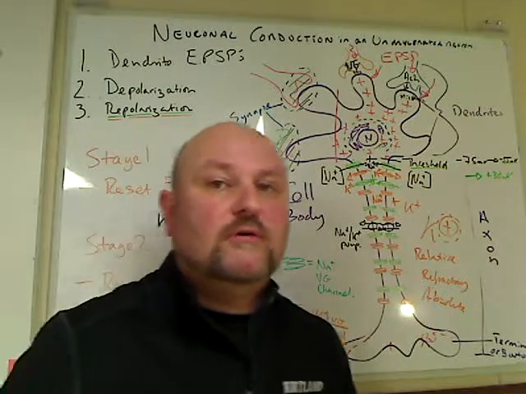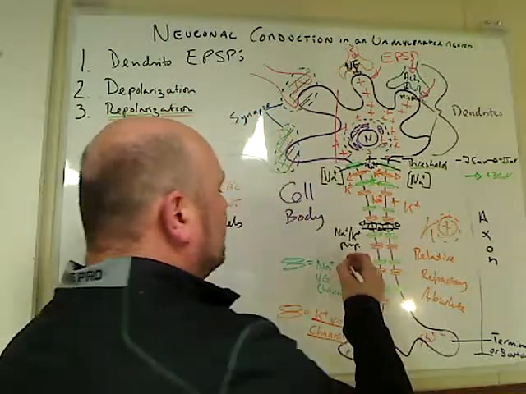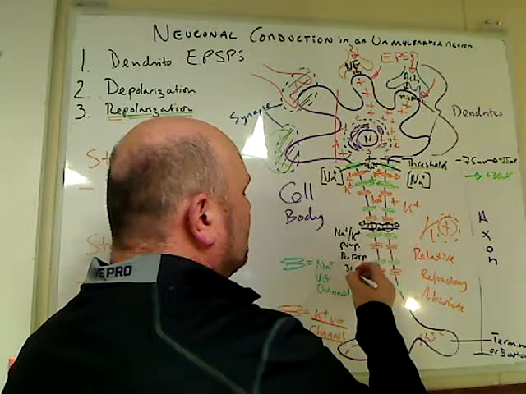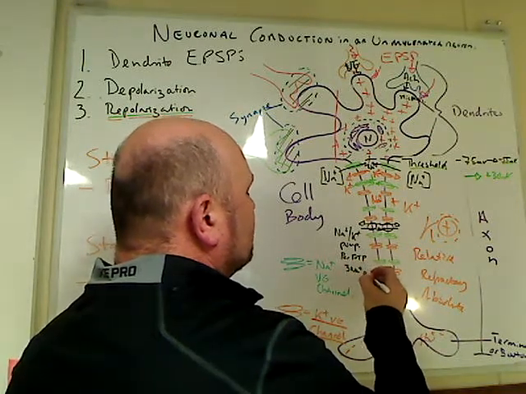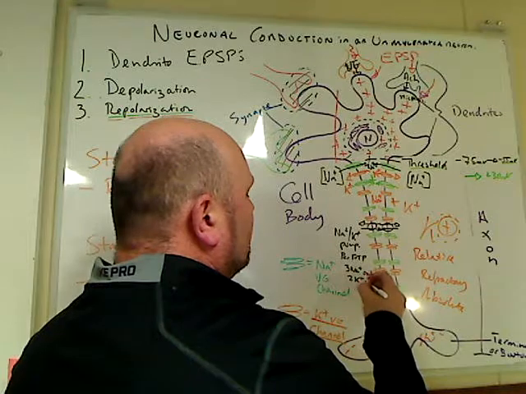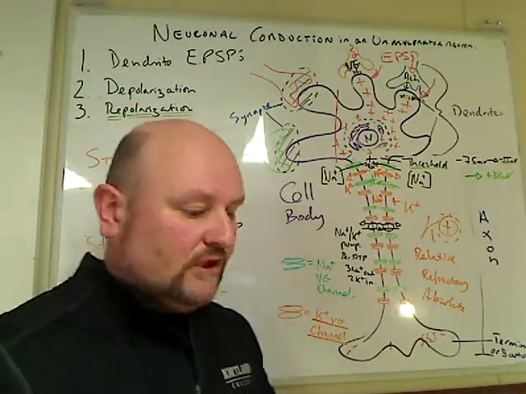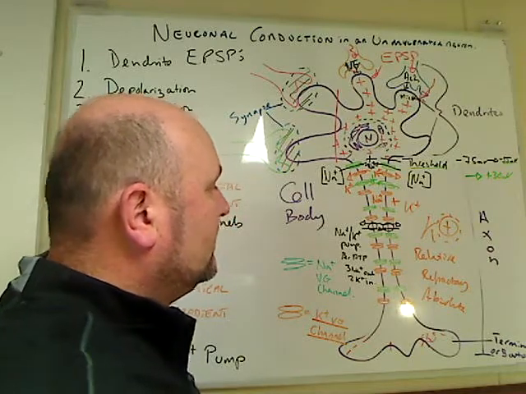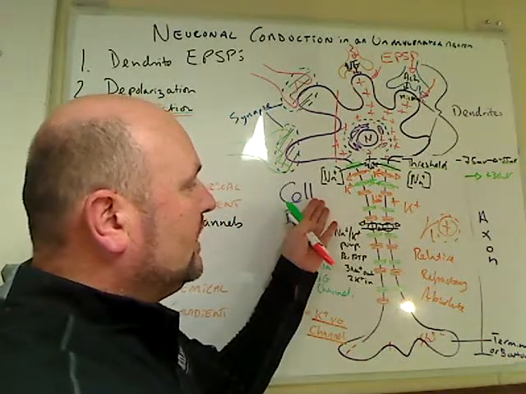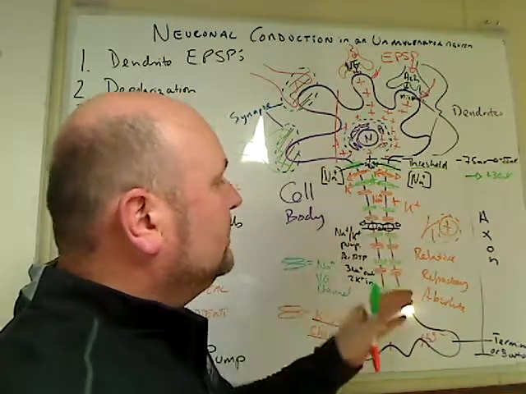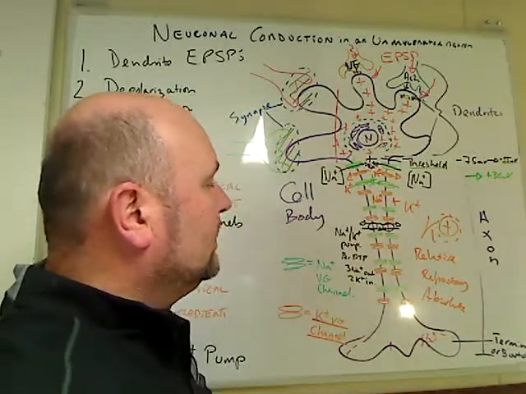And remember, for one use of ATP, 3 sodium ions out, 2 potassium ions in. Now that's really quite elegant, because that gets the sodium back where it should be, high on the outside, low on the inside. That gets the potassium where it should be, back on the inside, high on the inside, low on the outside.